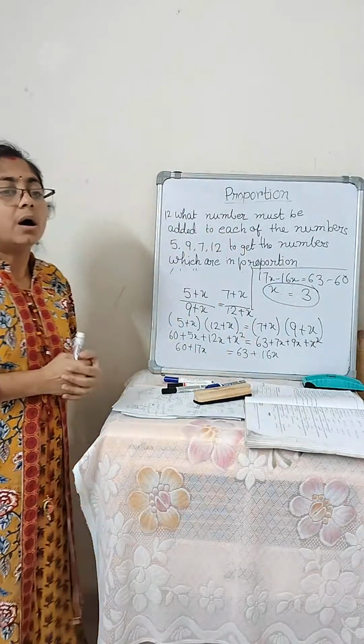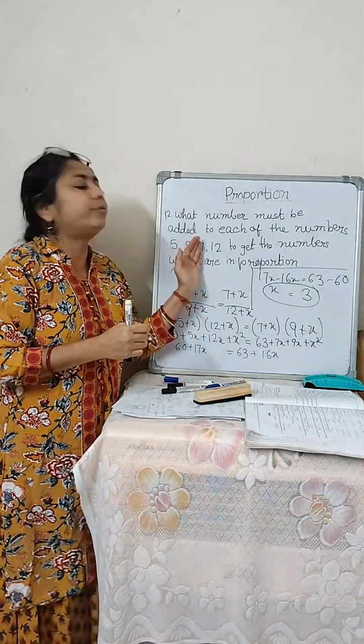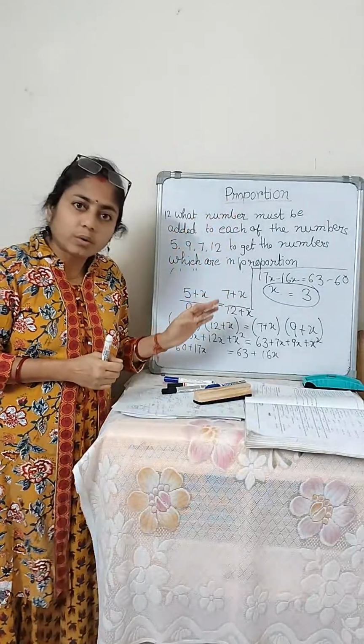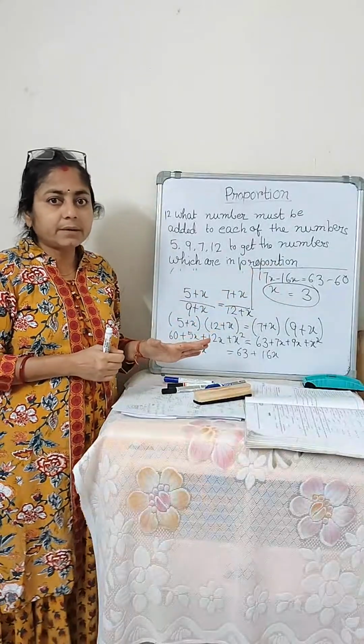Okay? It means if I add 3 to every number, it should also be a proportion. Okay? The number is 3. Clear?